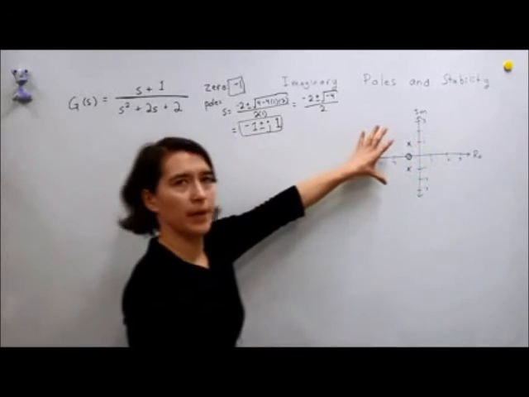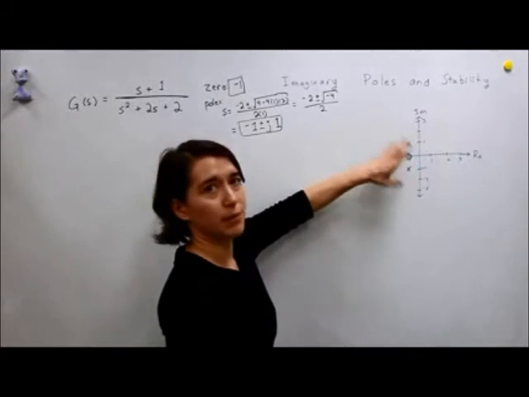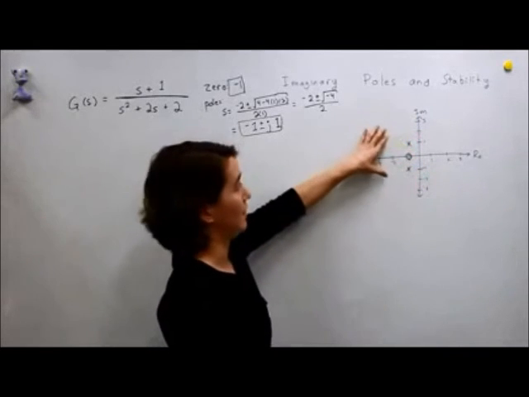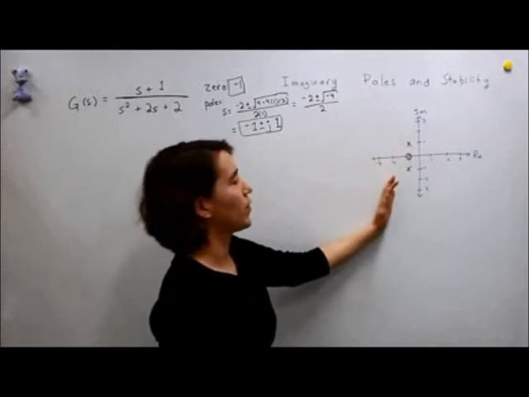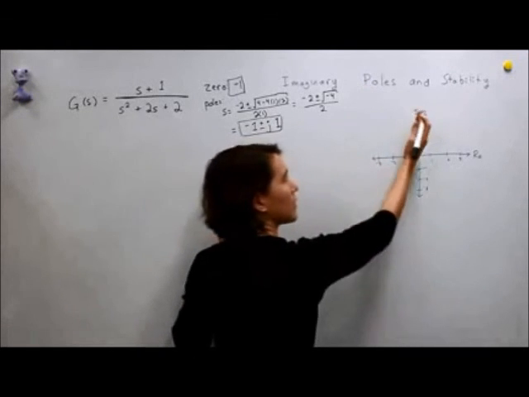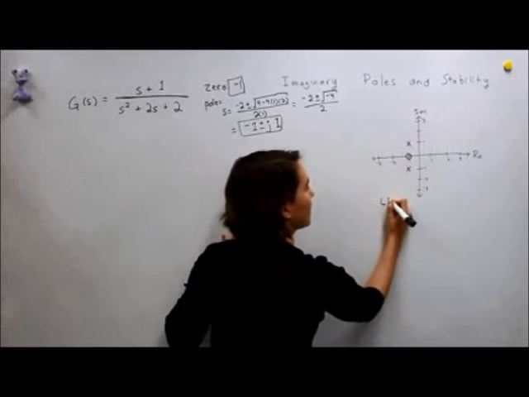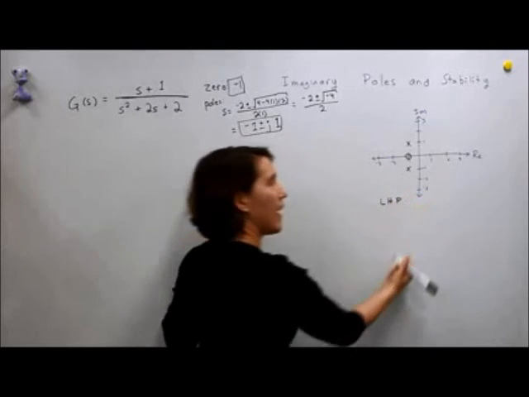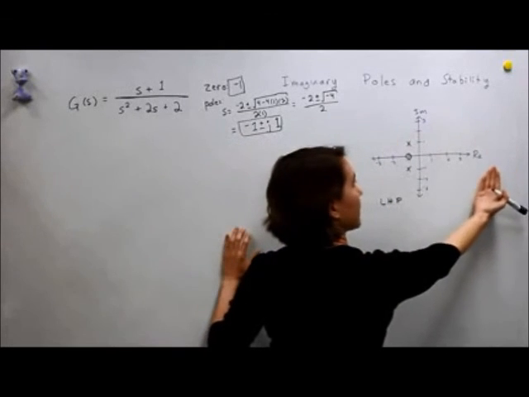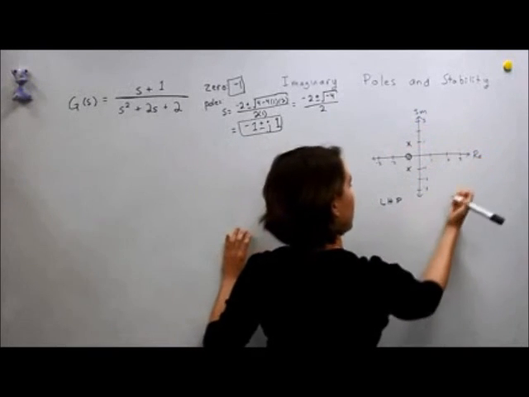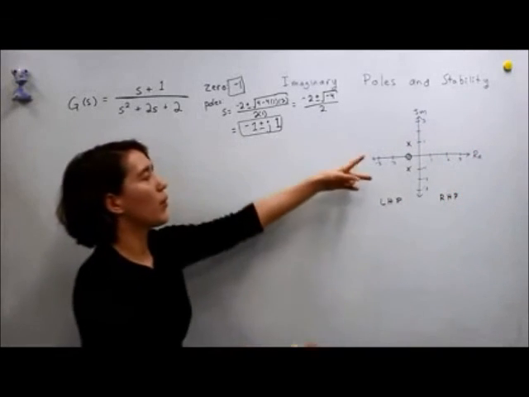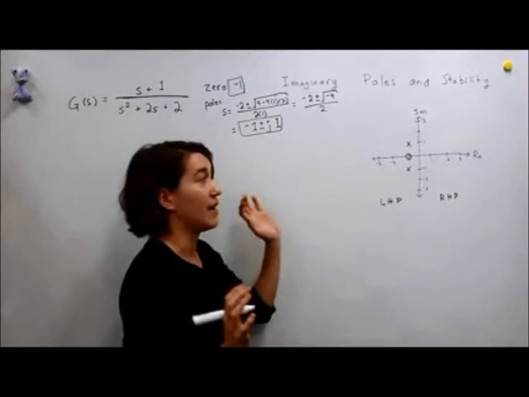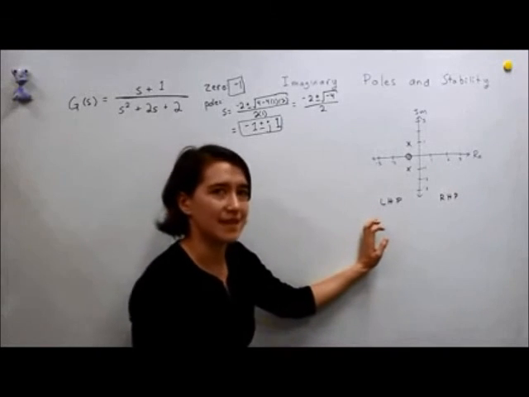And often these will come in pairs, so they'll often be mirrored across the real axis. And that's the case here. So we have two poles, and this side we call the left half plane. And the right half plane would be this side, so the right side of the imaginary axis. And we see that our two poles are in the left half plane, and we know that they will then be stable.